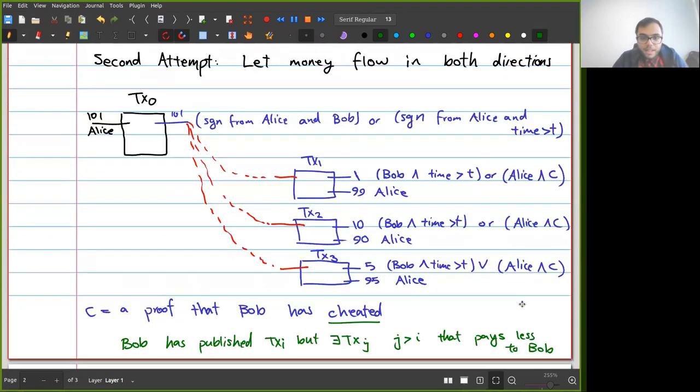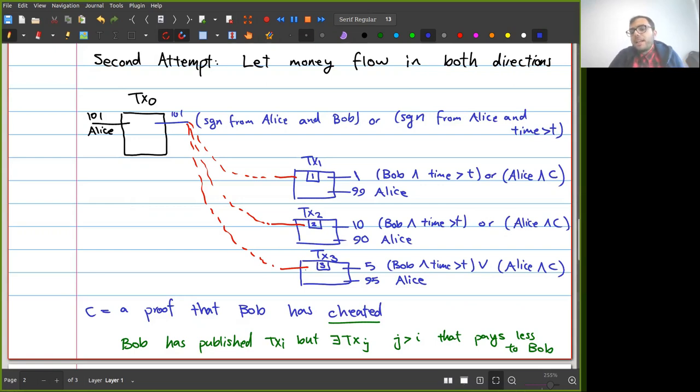Okay. How can I prove this? Well, if I'm Alice, I can include one extra piece of information in every transaction, and that's the number of that transaction. I would include the number 1 in this transaction, saying that this is transaction number 1. I would include 2 here, or 3 here.